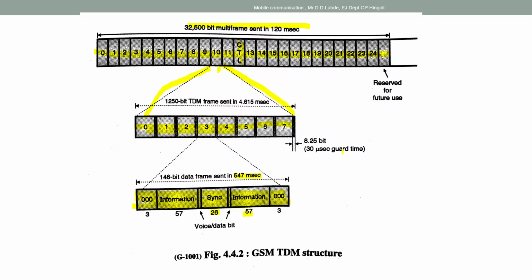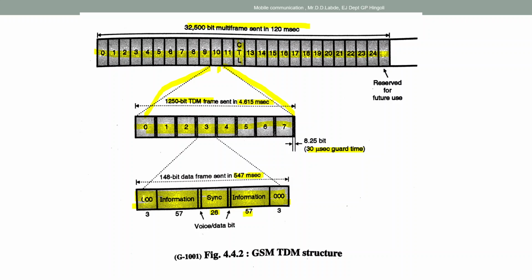That gap is a 30 microsecond guard time. This guard time is used to separate your data, voice data or information. A 1250-bit TDM frame requires 4.615 milliseconds. One frame contains 148 bits of data which can be sent in 547 microseconds.